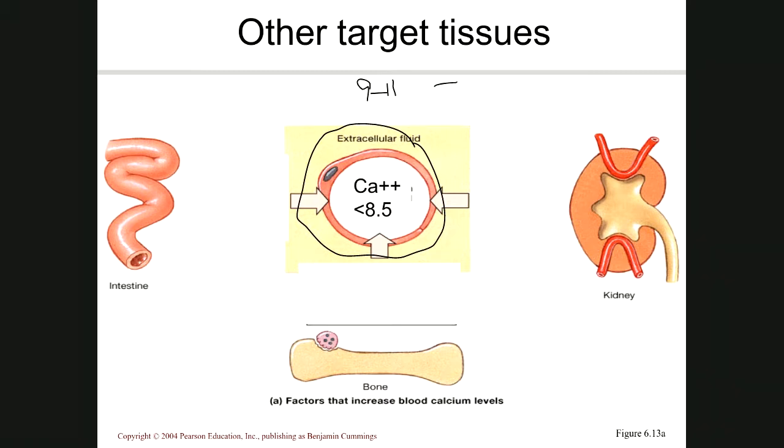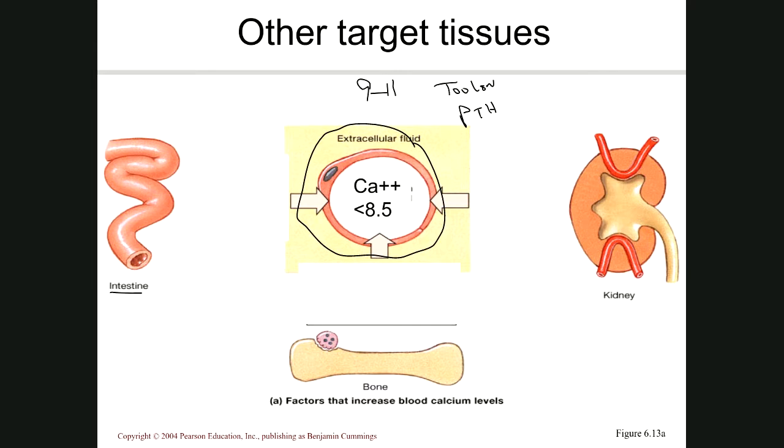It's too low. So which hormone am I going to release? PTH or calcitonin? PTH. And PTH is going to go to these three targets.